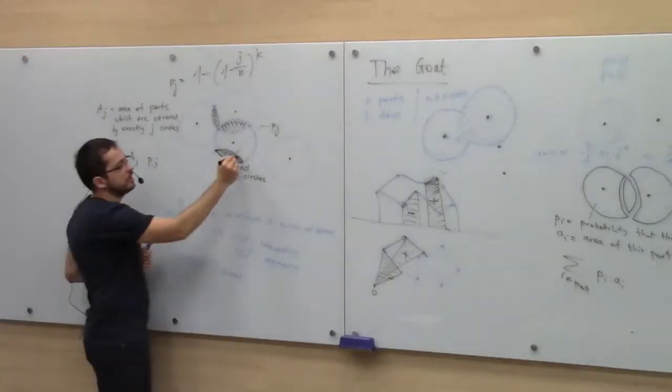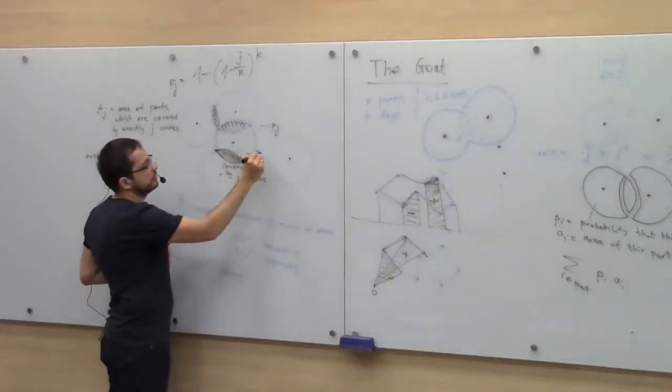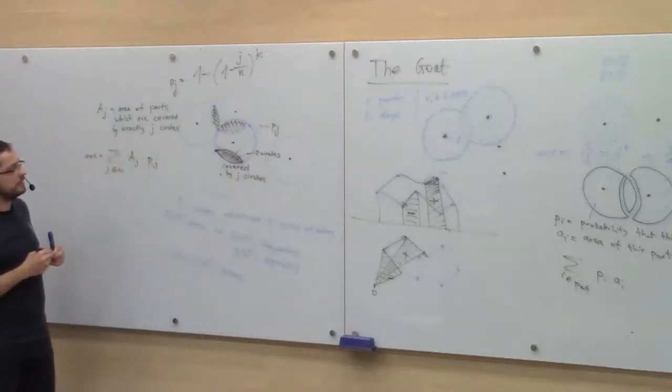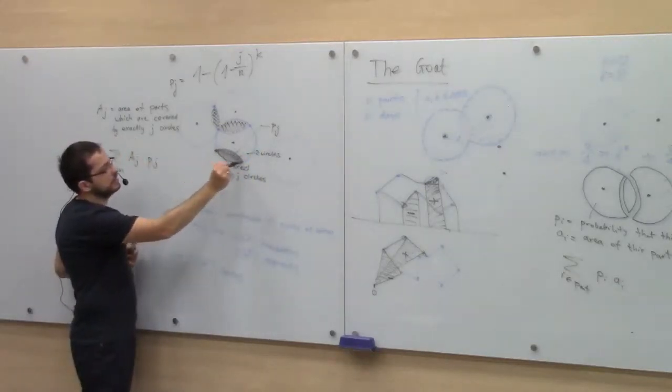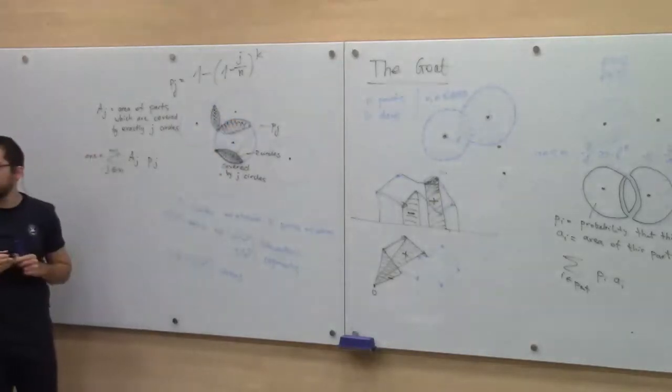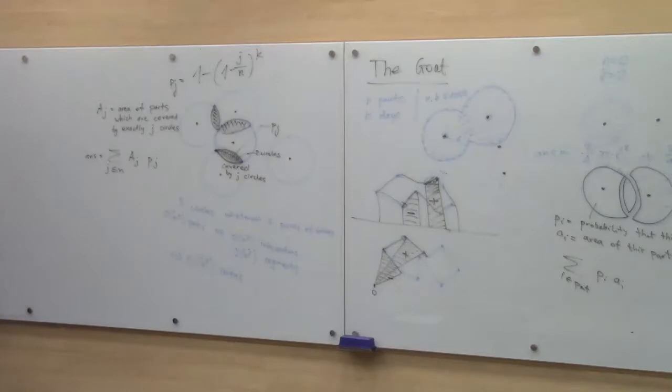So actually this edge is covered by two circles. These are the only edges which are covered by exactly two circles, and it looks like they are the edges which enclose the areas which are covered by two circles.